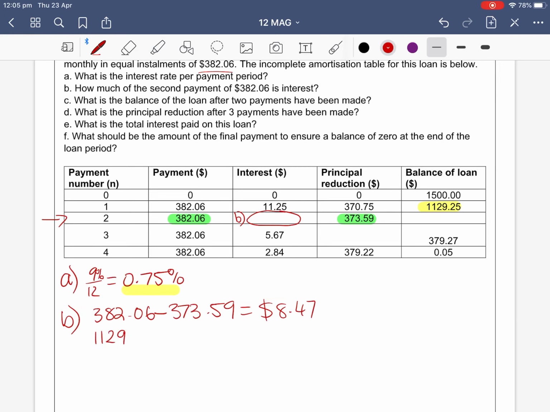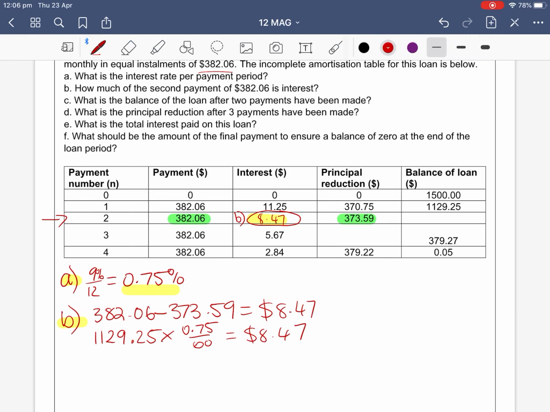Alternatively, we can consider the original amount of the loan for this payment period, so that's 1129.25, and multiply that by the 0.75%, and we also get the answer, $8.47. So the answer for B is $8.47. All right, so let's highlight our answer for B there.